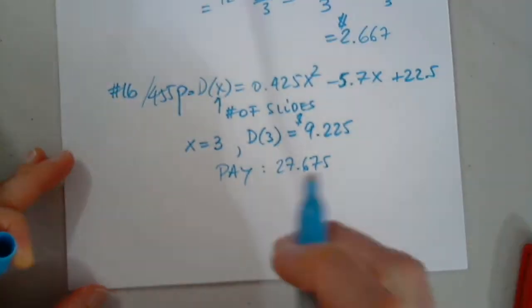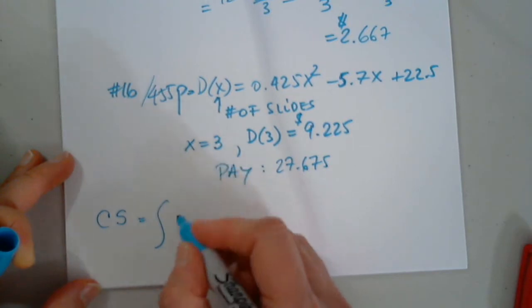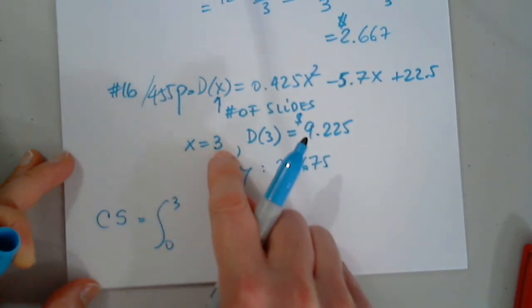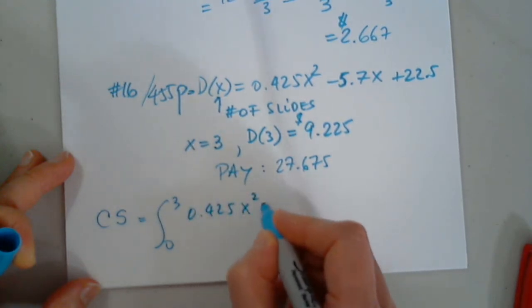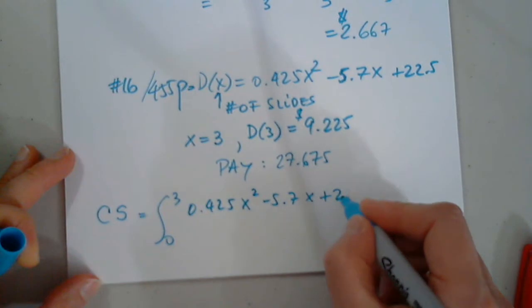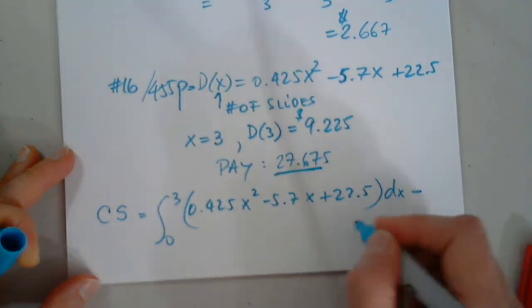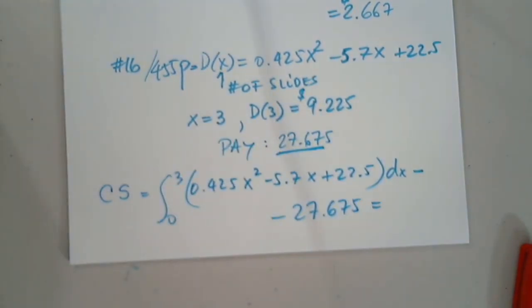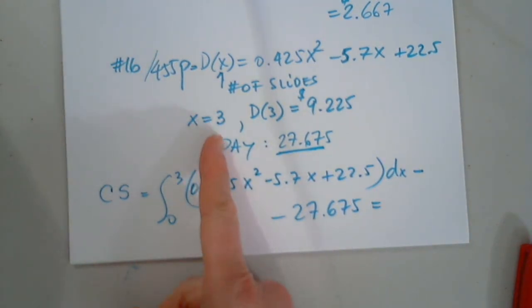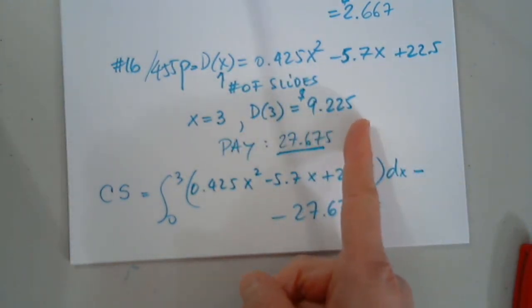Okay, so now consumer surplus will be the integral from 0 to 3 of the demand function, 0.425x squared minus 5.7x plus 22.5 dx, minus 27.675. That's the area of the rectangle. He buys 3. Each of them will cost 9.225.